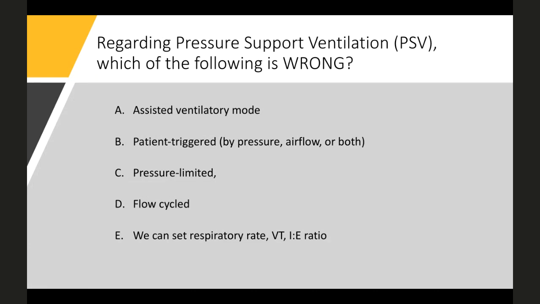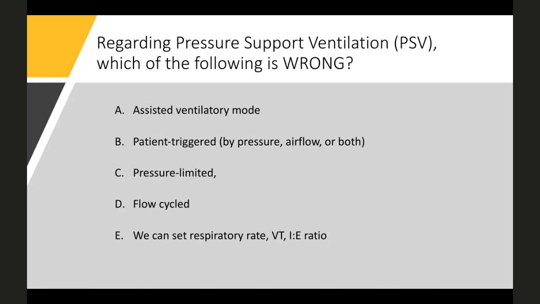Almost 78 participants have said we can set respiratory rate, tidal volume, and I:E ratio. And for the remaining four responses, there is an equal number of almost 30 people for each one who said flow cycled, pressure initiated, patient triggered, or assisted ventilatory mode. So again the results are from everywhere, probably because people may not read the question well.